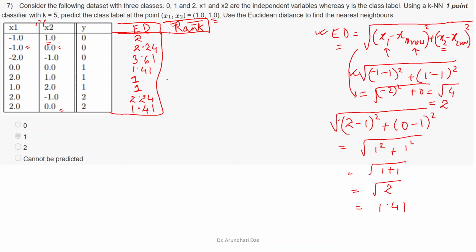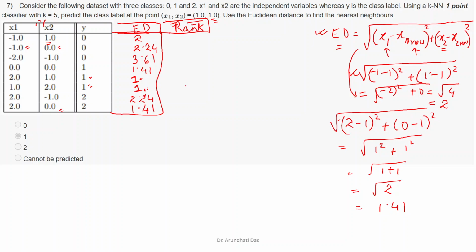So I can give rank 1 to either of these two distance values. When we see the y values, both y values of these two closest distances are the same, so there is no conflict here.